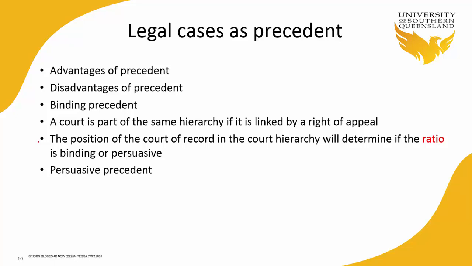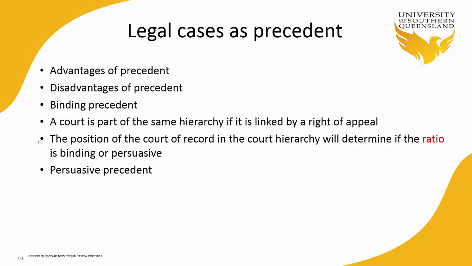If it's a binding one, so if it's a part of the stare decisis argument and it is from the same hierarchy, so you have provided this ratio that's actually binding on me, then I cannot just simply say I'm not going to follow it. So that's one of the disadvantages that we have from this doctrine of precedent. I shouldn't follow it, but I can't and I don't have the authority not to do so.